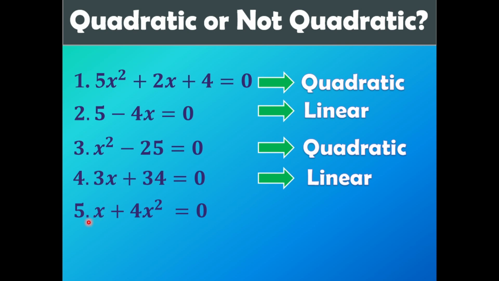Number 5, x squared plus 4x equals 0. The variable x has a highest exponent of 2, which makes it a quadratic equation. So it is very easy to determine which equations are quadratic or linear.